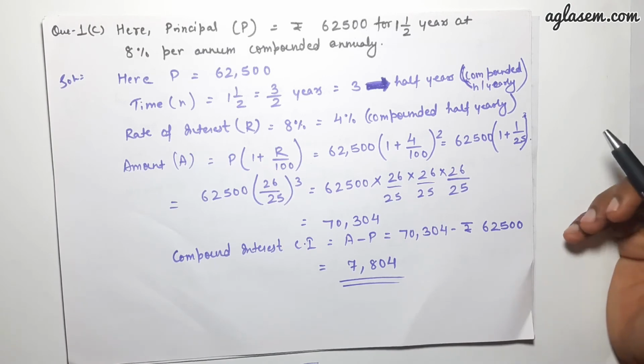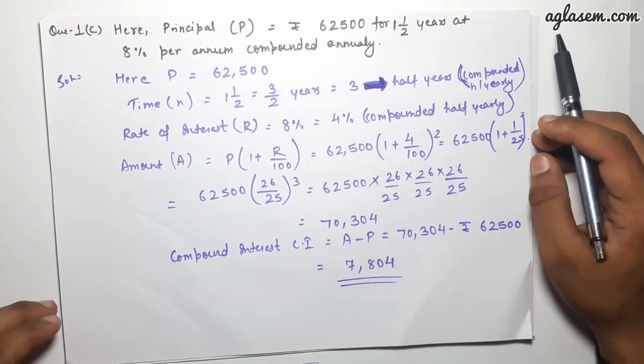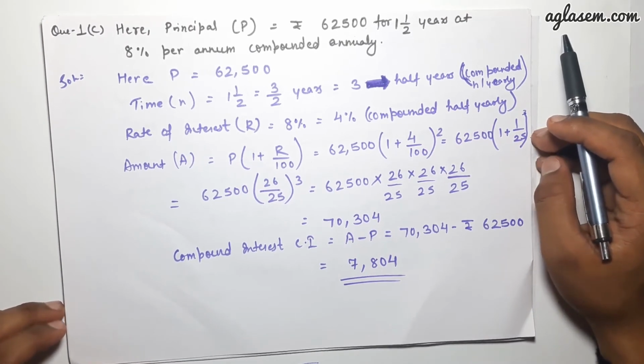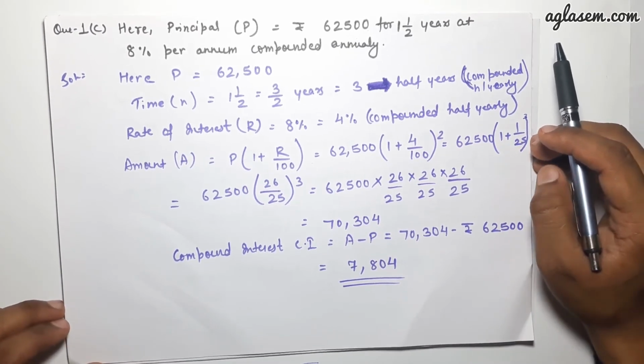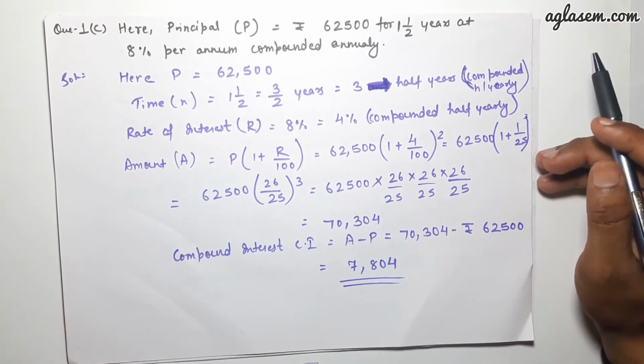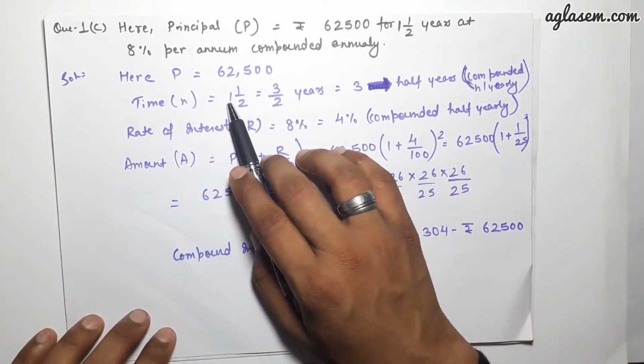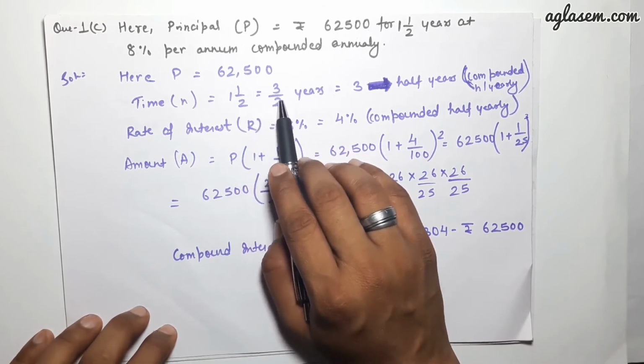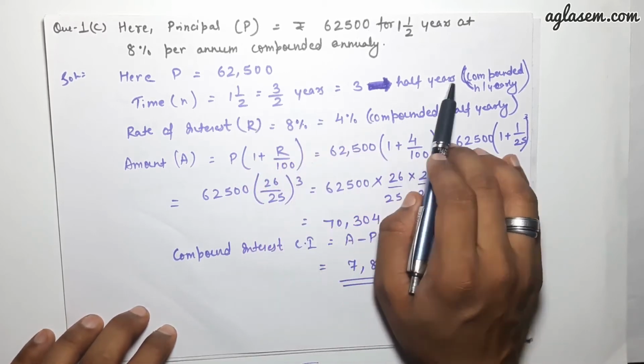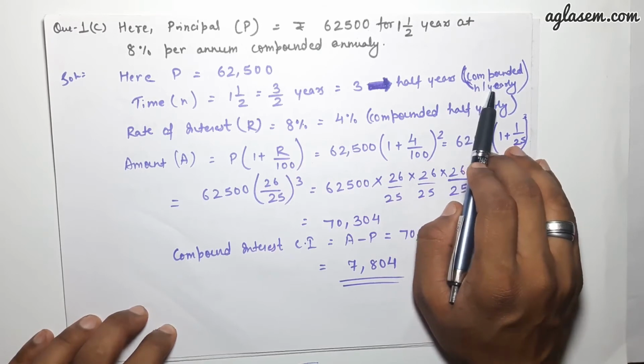In C part, principal P is 62,500 rupees for 1.5 years at 8% per annum compounded half yearly. Here P is 62,500. Time is 1 1/2, that is 3 upon 2 years, 3 half years compounded half yearly.